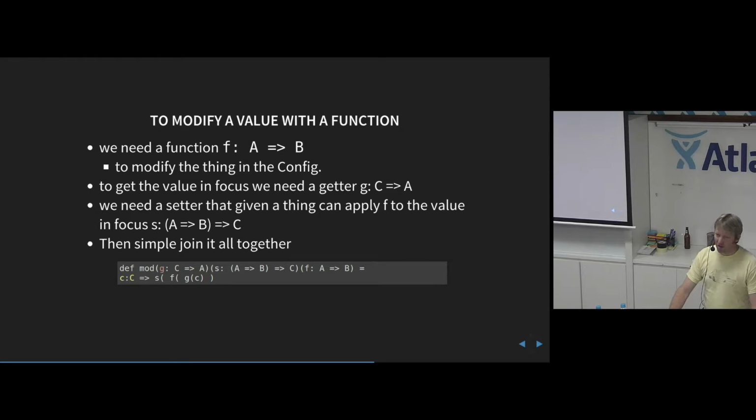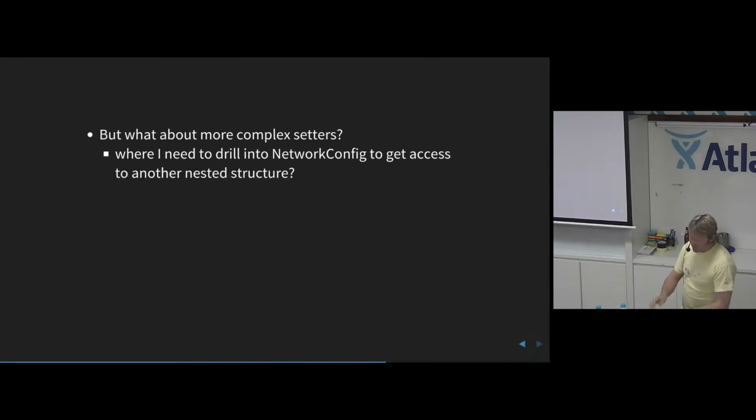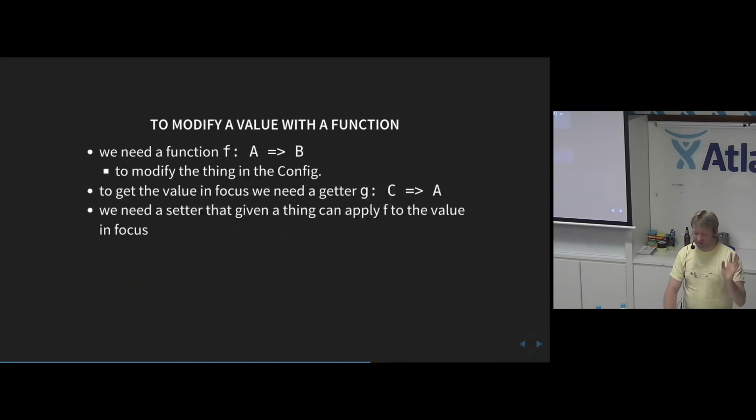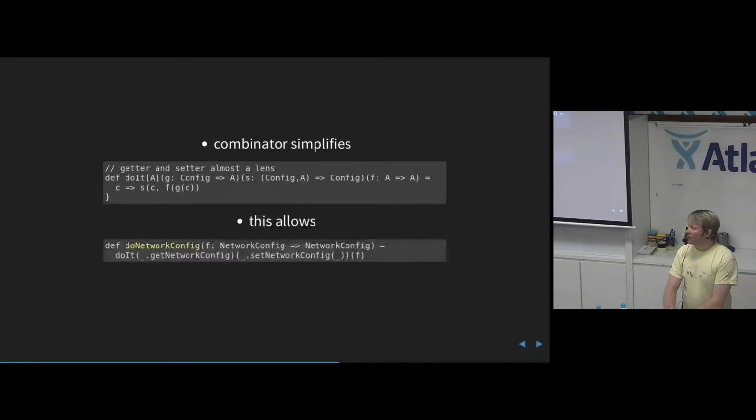But what about the complex ones? That was fairly trivial if you're one level nested deep. It's not too bad. But if we go back to this function here, do it, get network config, set network config, for network config. Well, what about, I've got network config and I need to get the foo config out of it and do something at the C config down in the foo config?